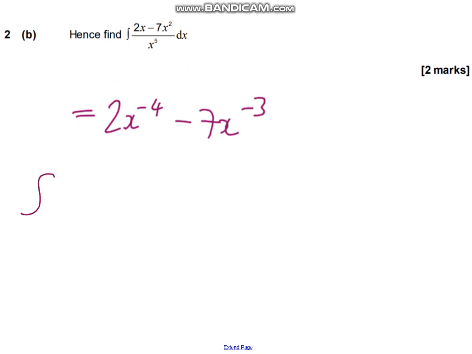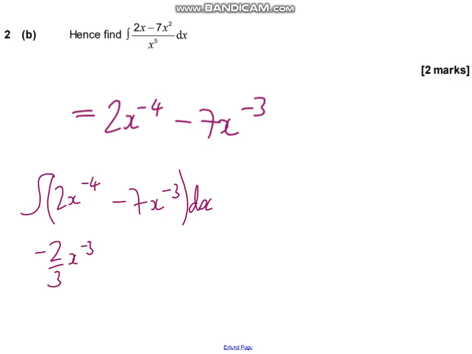We're going to have the general integral of 2x to the minus 4 minus 7x to the minus 3, all in brackets to show the whole thing, dx. And so all that's going to be, increase the power by 1, so it's going to give us minus 2/3 x to the minus 3, and then plus, because we're going to divide by minus 2 now, plus 7 over 2 x to the minus 2, and don't forget our plus c because it's an indefinite integral.